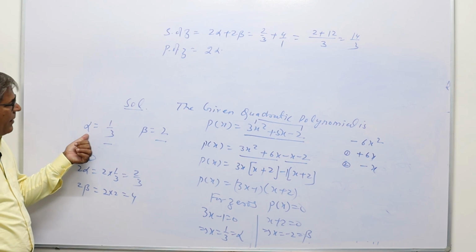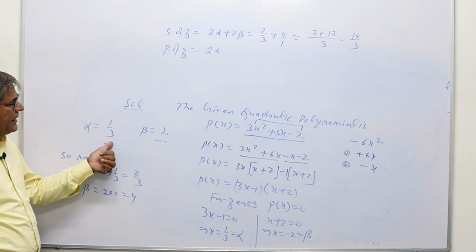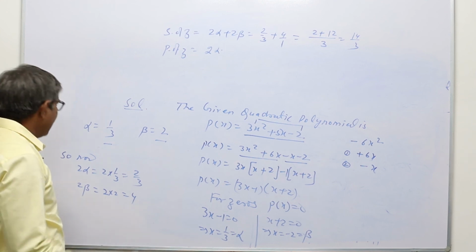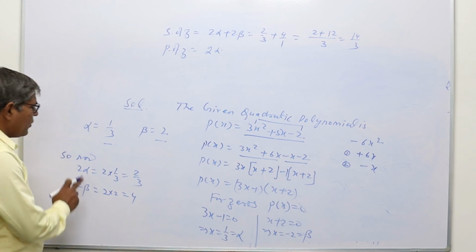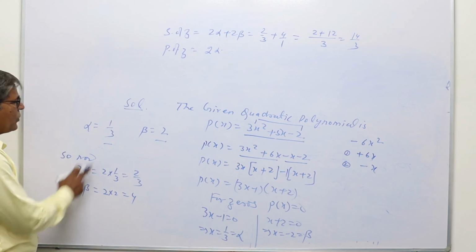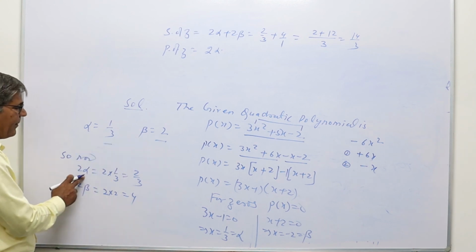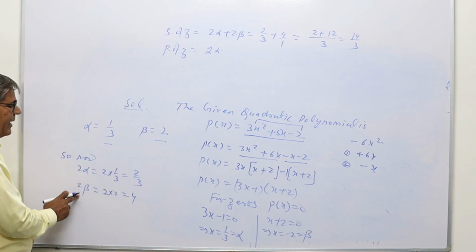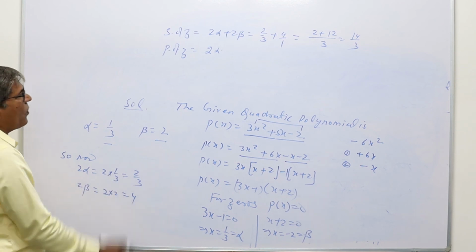Using these two results, 2 alpha will be equal to 2 by 3, and 2 beta equals minus 4.